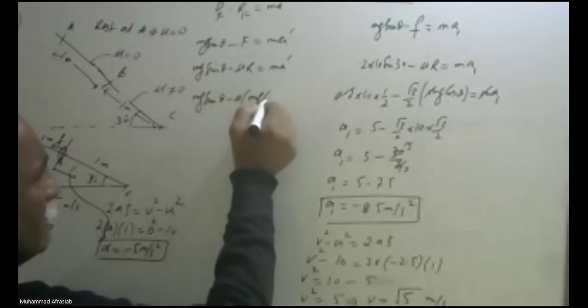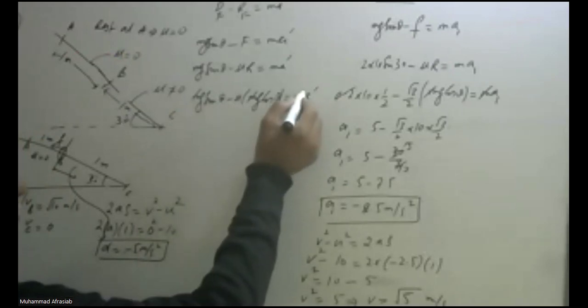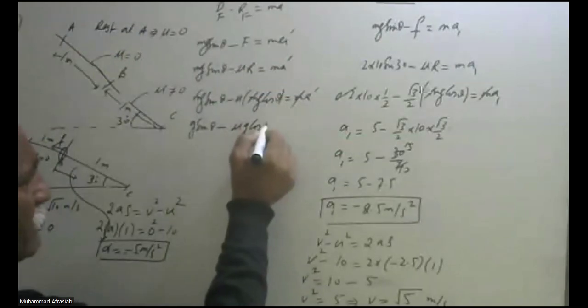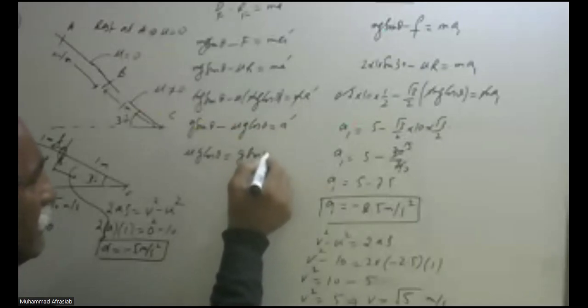So mg sin theta minus mu R, where R is basically equal to mg cos theta, is equal to m a dash. So m is common. So that thing is equal to g sin theta minus mu g cos theta is equal to a dash, or mu g cos theta is equal to g sin theta minus a dash.